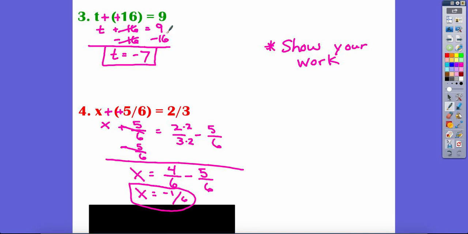I'm fully aware that some of these problems you're able to do in your head. I don't want you to do them in your head. I want you to show your work, because when we get to harder problems where you need to have the skill of showing your work, I want to make sure that you have that skill. So please show your work, and kind of as we did with labeling equations, just be prepared that if you aren't showing your work, I'm probably going to hand it back and have you redo it.